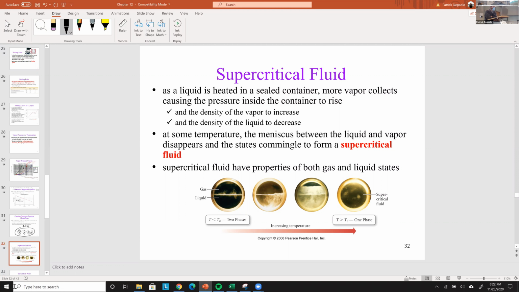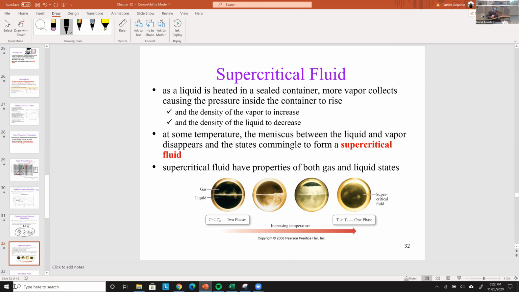It's kind of hard to explain. It all becomes a gas, but at high pressure to the point where there's still liquid there, but there's no meniscus. There's still liquid at the bottom, but it's a gradual change from liquid to gas. So it's weird to explain, but you can look it up.